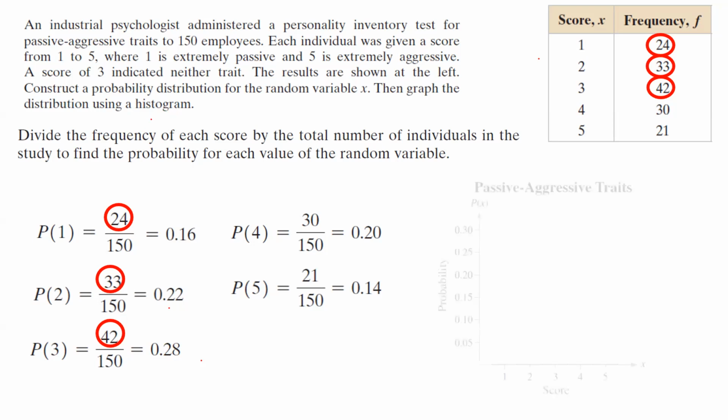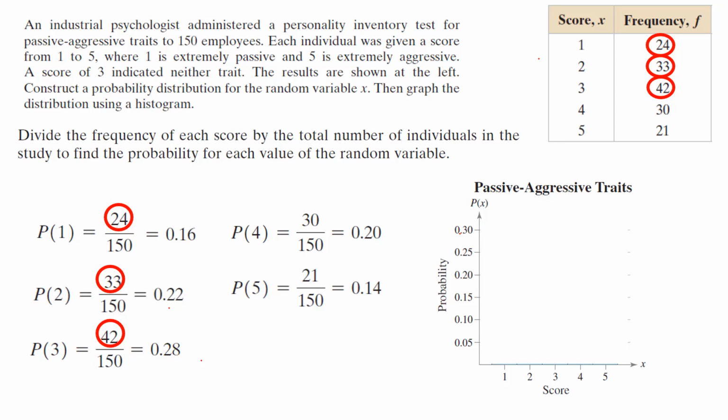Okay, let us begin. For a histogram, we need a horizontal line, which indicates x values, starting from 1, 2, then 3, 4, 5, all listed on the x-axis. On the vertical line, since the highest probability is 28%, I'm not going to go more than 30%.